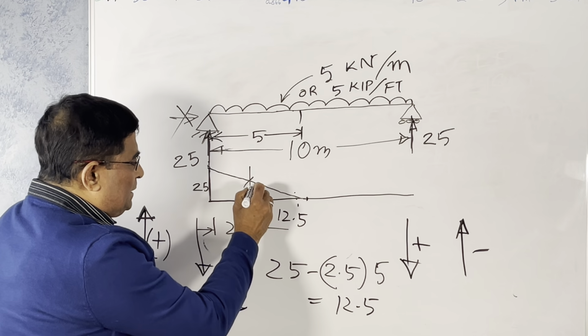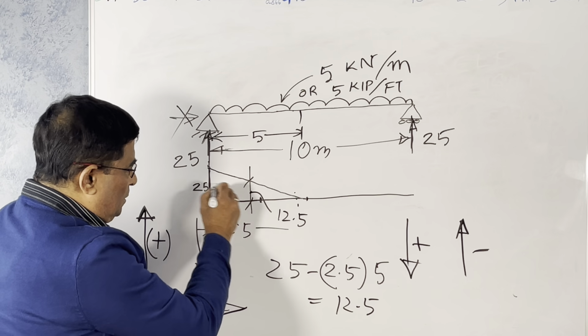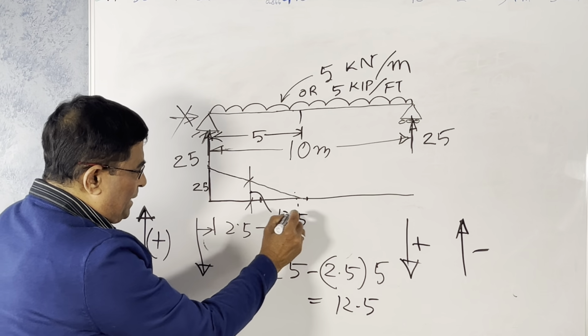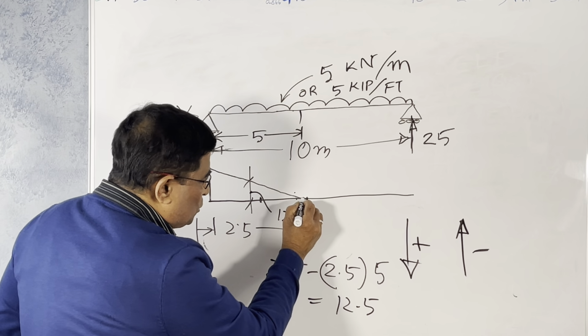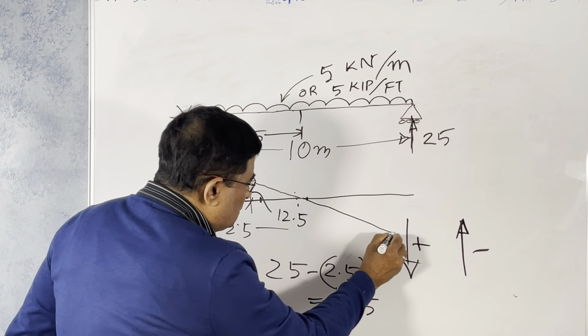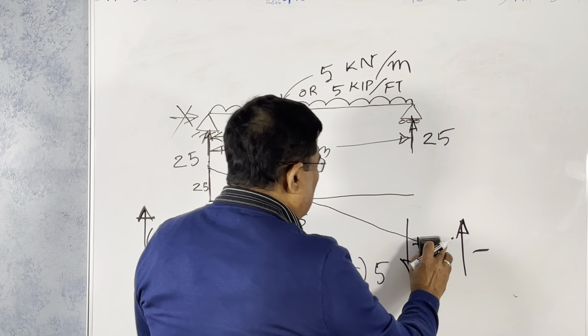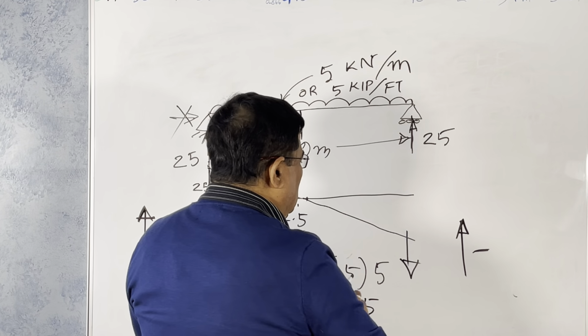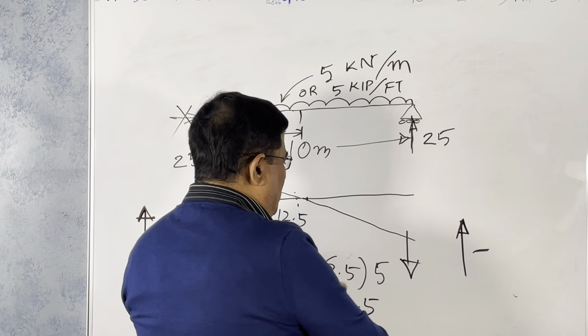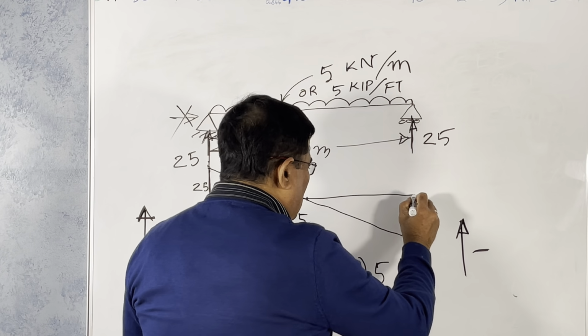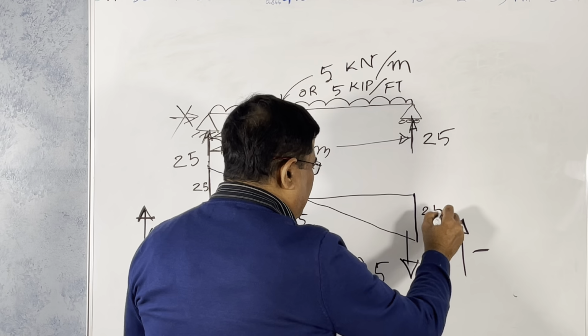So now this is half of that, half of 25. Here it will be further reduced going down, and at this point it is maximum, here it will be 25 again.